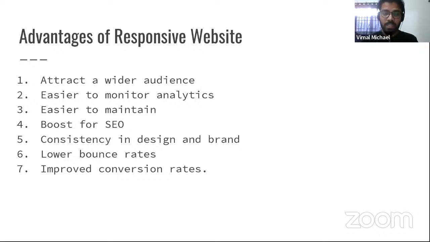It's easier to maintain, yes, because having four different websites for four different screens is much harder than having one website for four different screens. And it boosts SEO, similar to analytics: you don't have to give different SEO points to work with on different sites. Okay, bounce rate will be reduced and conversion rates improved.